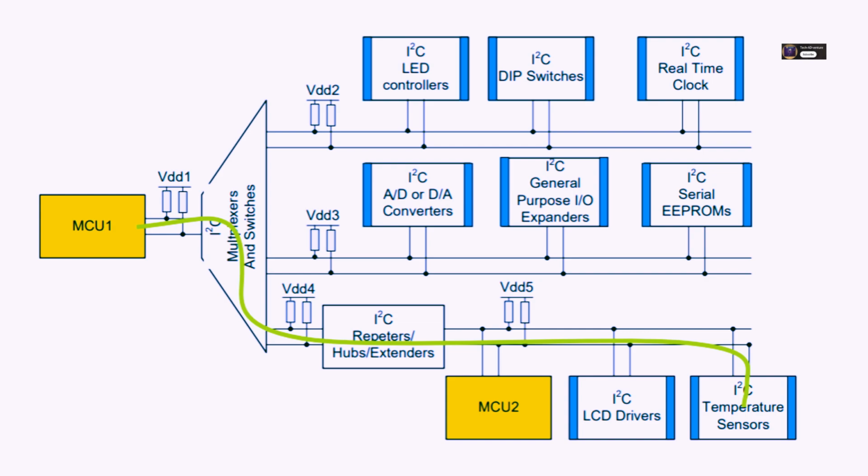The winning master, the one whose zeros kept winning, doesn't even know a conflict happened. It just continues its transaction as normal without any data corruption. It's a completely passive, elegant way to resolve collisions without needing any extra signals. Makes multi-master possible on just those two wires. That really is incredibly smart, using the electrical properties themselves to manage traffic.